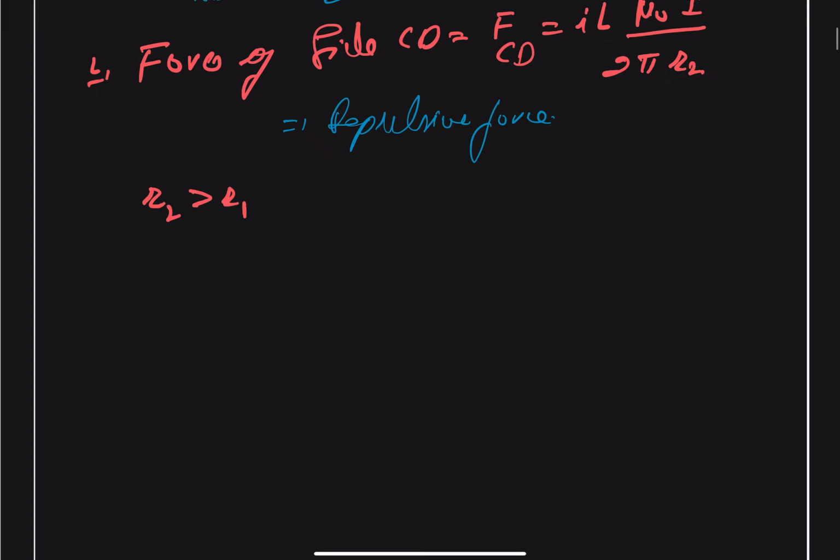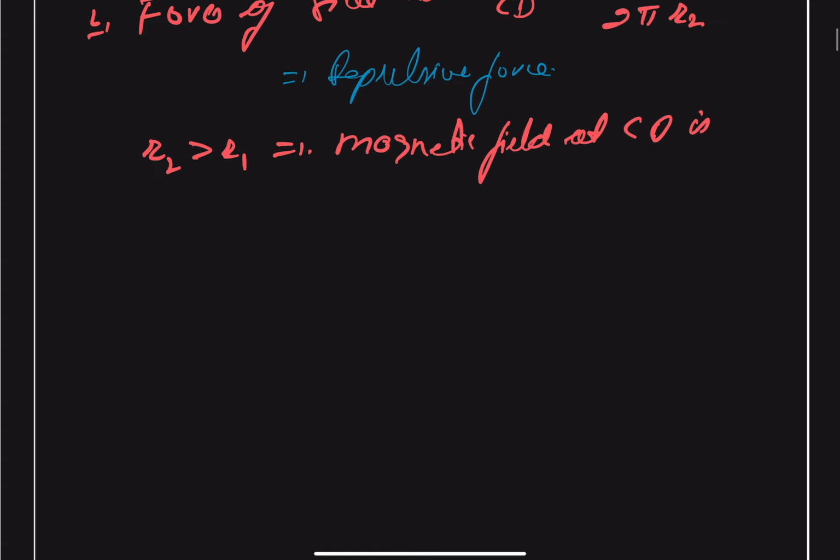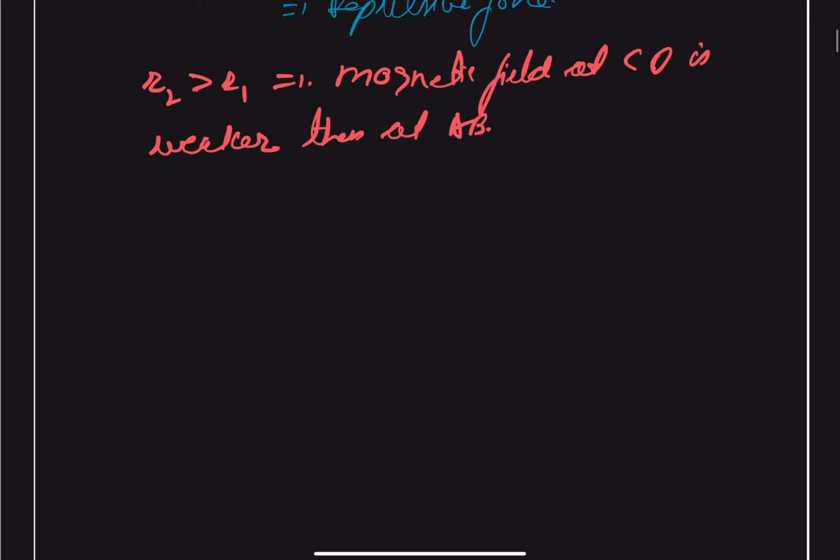So you can say that the magnetic field at CD is weaker than at AB. Based on this, the force because of the side CD is less than the force at the side AB.